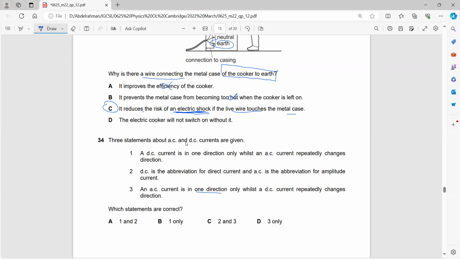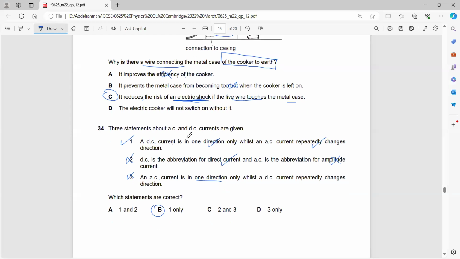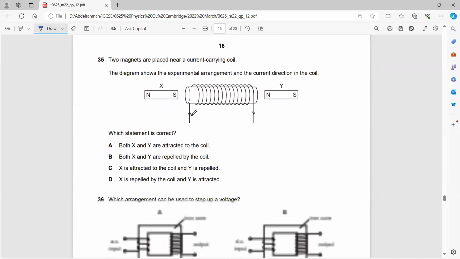No, that's wrong. AC repeatedly changes, so that is wrong. DC is one direction, yes. So A is wrong. DC is the abbreviation for direct, right. AC is the abbreviation for amplitude? No, it's alternating current. So it's one only.